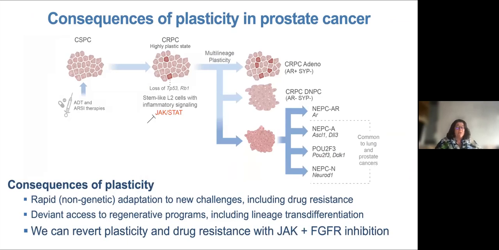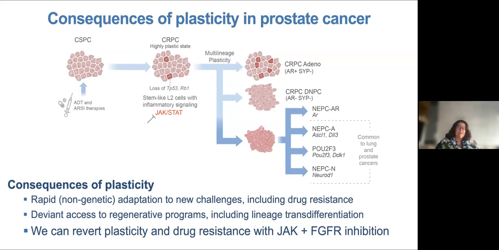So really, here's another story of consequences of plasticity, where non-genetic adaptation allows the cell to develop drug resistance through lineage transformation, again getting access to these development and organogenesis programs. And it's really driven by inflammatory signaling, particularly JAK-STAT. And it's driven in a cell-intrinsic way.